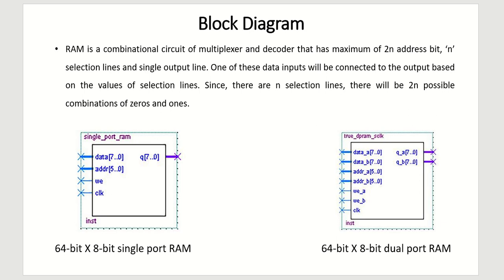On the right side, the diagram is a 4 cross 8 bit dual port RAM. We can see here data bits are A port and B port, addresses are A port and B port, and outputs are also A port and B port. Here we can also see the write enable ports, A and B. Clock is only one.